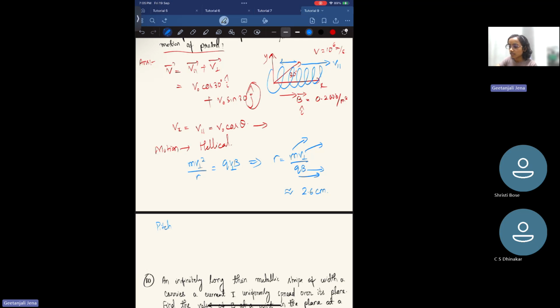So this is equal to V parallel into T, where T is the time period, which is 2 pi r by V perpendicular. If you put in the values, this will come to around 28.3 centimeter. Check it, and if you are getting any other solution, let me know.